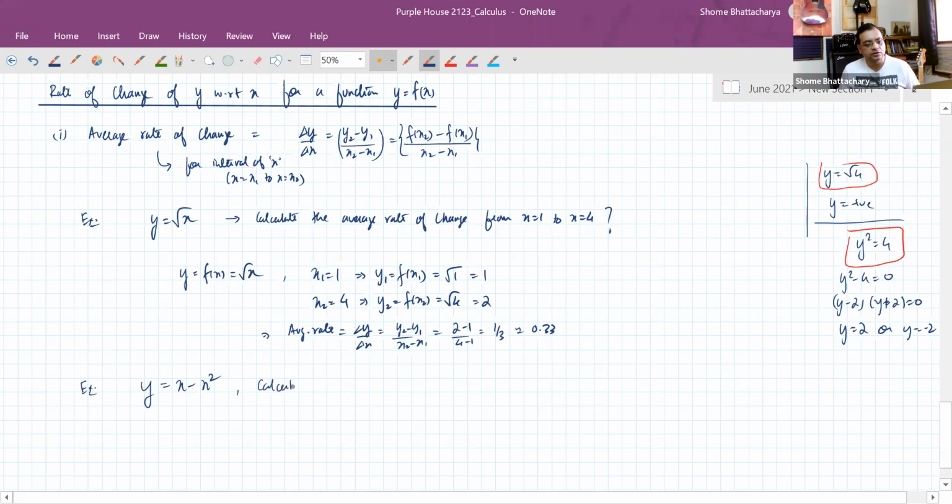So calculate the average rate of change from x equal to, so we'll take two intervals here, 0 to 1, and next interval we'll take is 1 to 2.